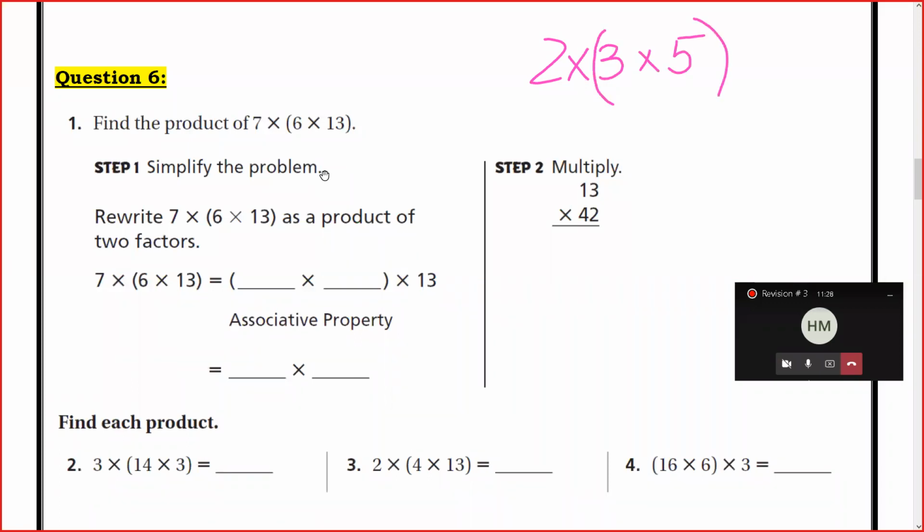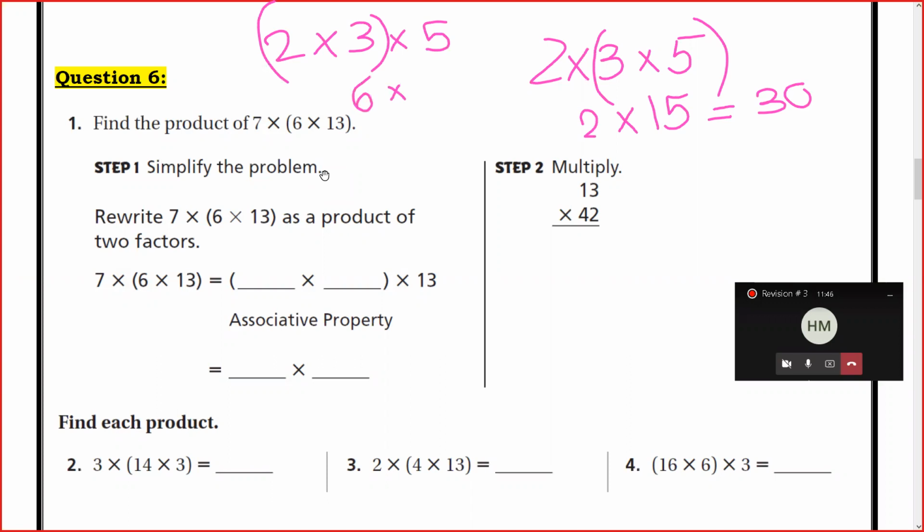Sometimes you multiply 3 times 5 first to get 15, then you multiply it by 2 and you get 30. And sometimes if you write it like 2 times 3 first, which is 6, times 5, you also get 30. That's what we call the associative property of multiplication.